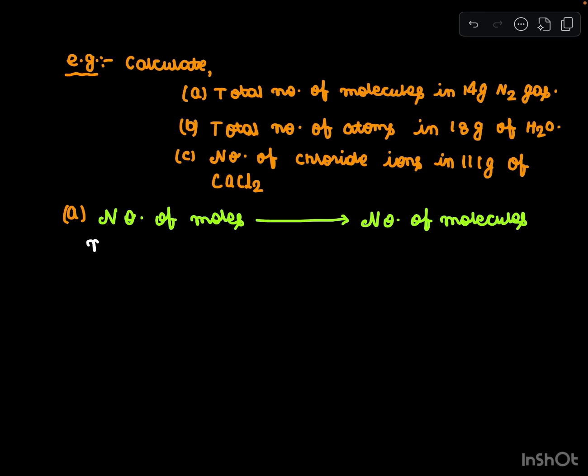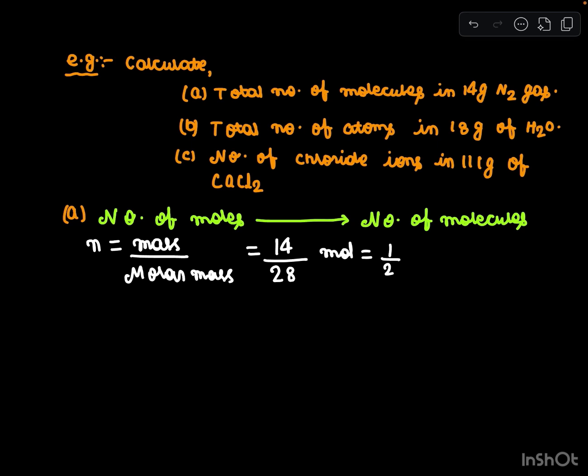So the number of moles of N2 is equal to mass by molar mass. Mass of N2 is given as 14 gram, divided by the molar mass of N2 gas. N2 is a molecule, so its molar mass is 14 into 2, which is equal to 28. 14 by 28 is 1 by 2 mole.